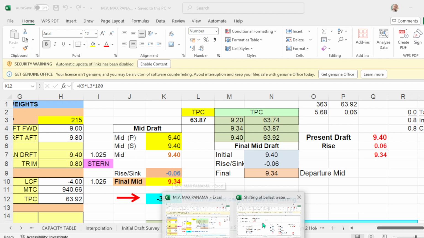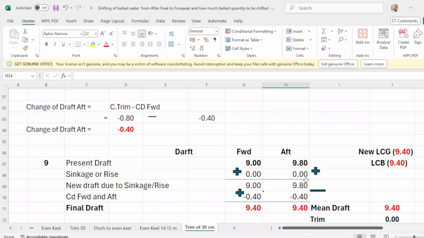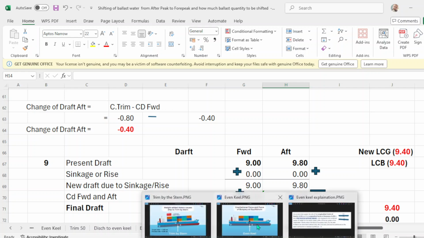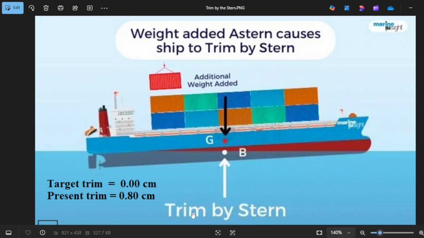And we proceed. So with your present drop, there is no sinkage or rise. There is none, because you are not taking out ballast or putting in ballast. So you are not discharging ballast. All the ballast weight is in the vessel. It's only that you shifted the ballast from after peak going to forepeak.